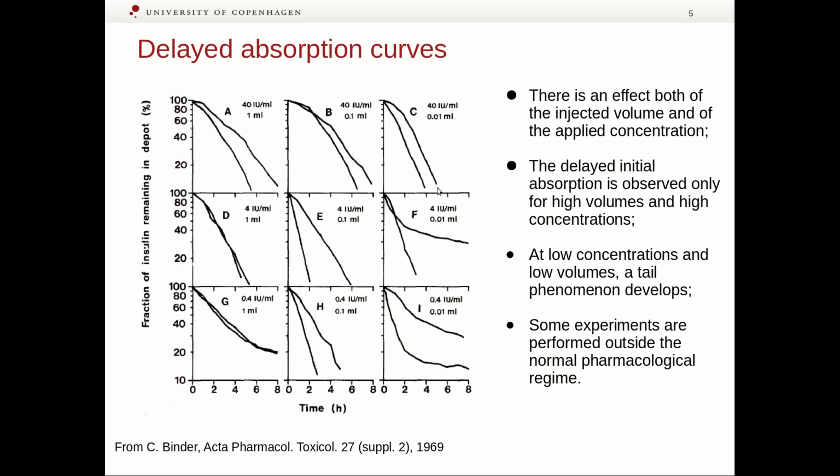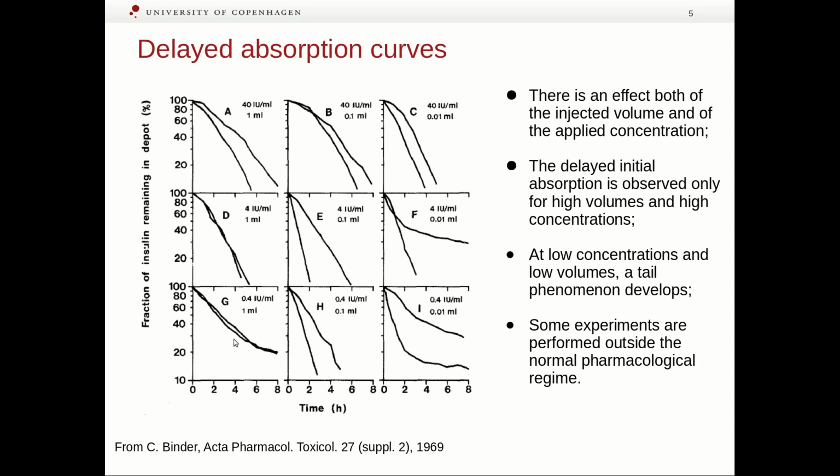Now all of the absorption more or less becomes rapid, and the idea here is that the volume is so small that the concentration is thinned out because of diffusion of insulin in the tissue, and the result is that the absorption becomes faster. Also here you see the faster absorption. It's because the insulin is at a lower concentration from the very beginning. There's not much of the slow initial absorption here.